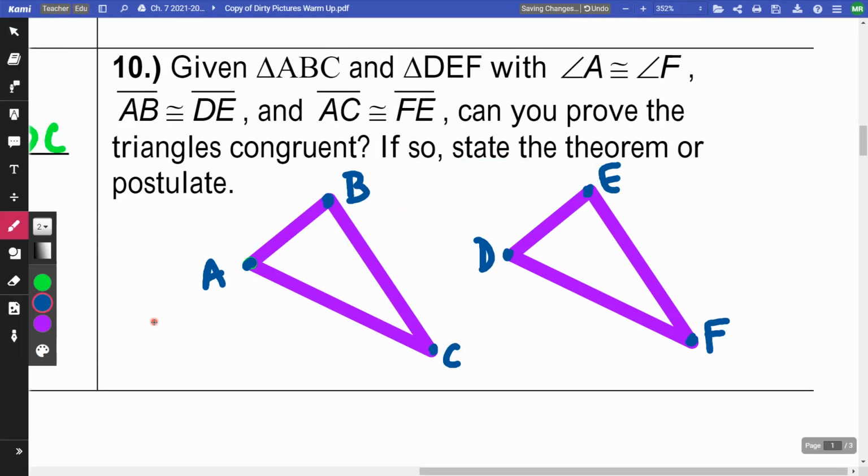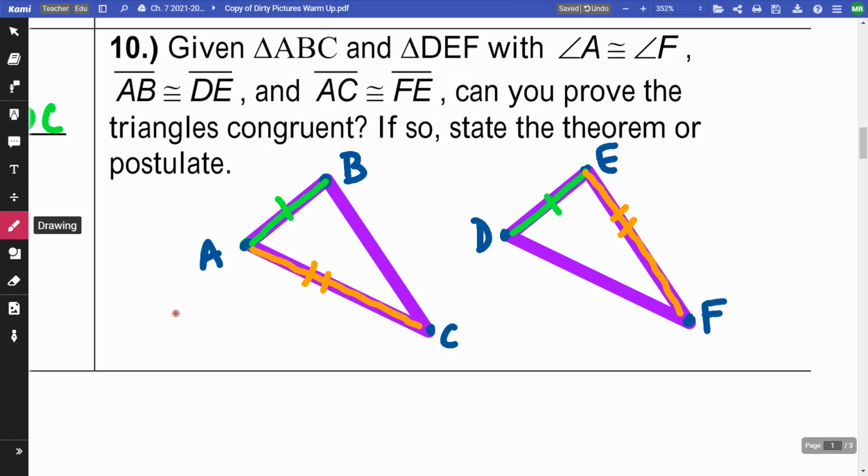Now they say that AB is congruent to DE. They tell us that AC is congruent to FE. So this one is congruent to this one. Now, what we want to decide is if this is true.